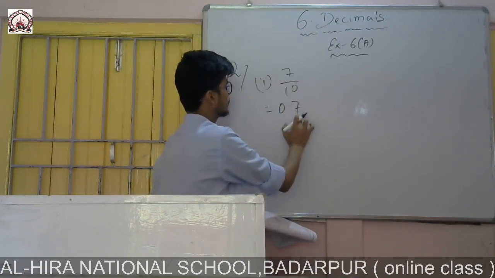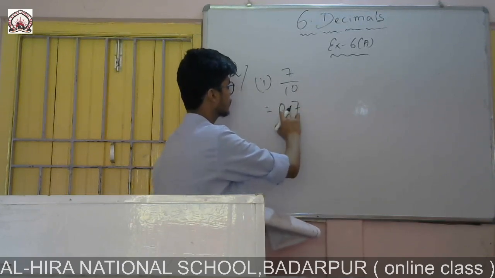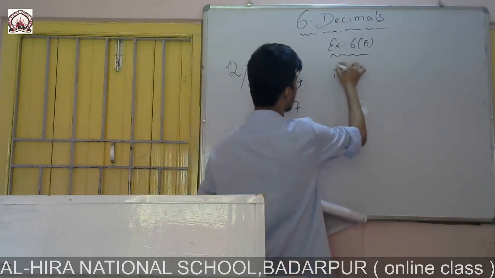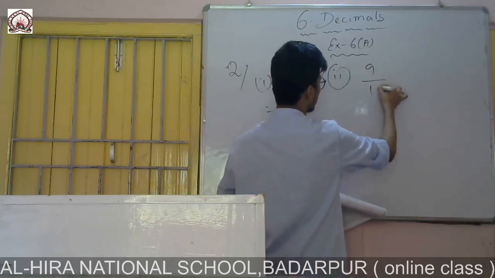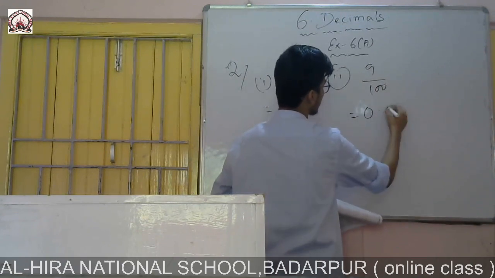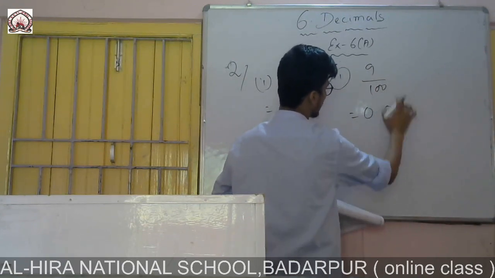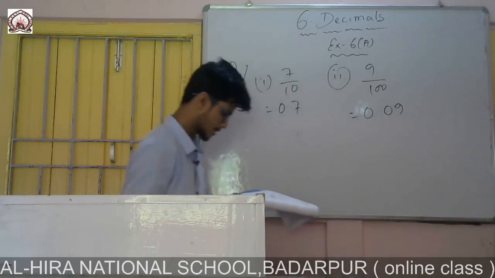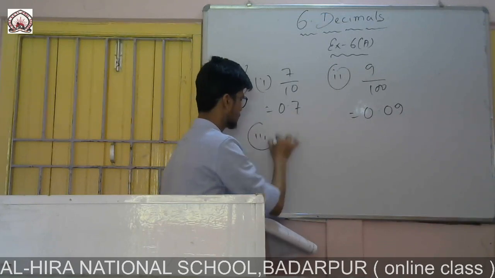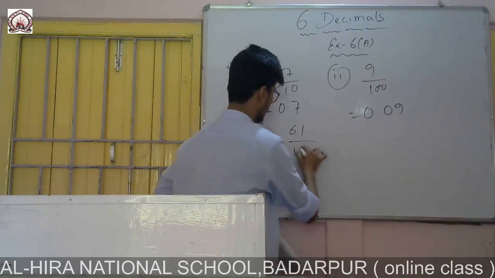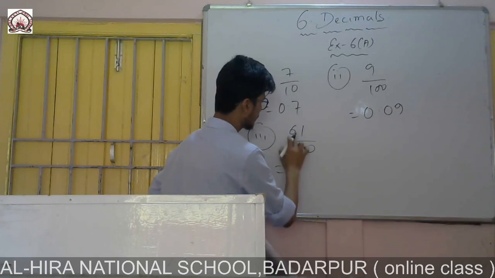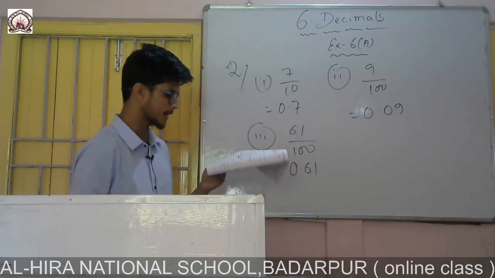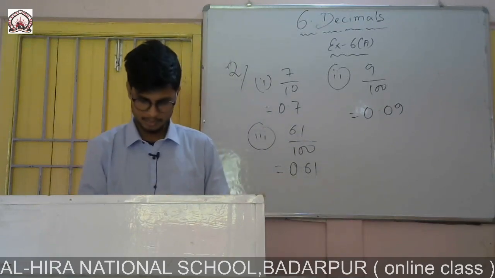In place of the 0 there will be 7, and at the place of 1 I will put the decimal point, that means 0.7. Then Roman number 2, it is 9 by 100, which is equal to 0.09. There are 2 places, that means the last digit will be 9, then 0, then the point. Roman number 3, it is 61 by 100, which I can write as 0.61. There are 2 zeros, so in place of the 2 zeros it will be 61. Then the rest are all the same.